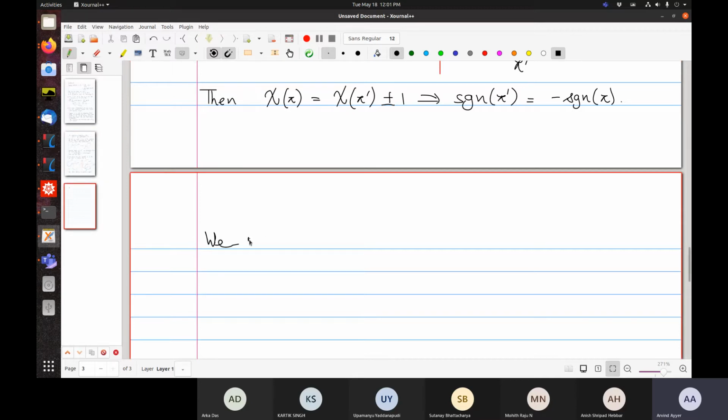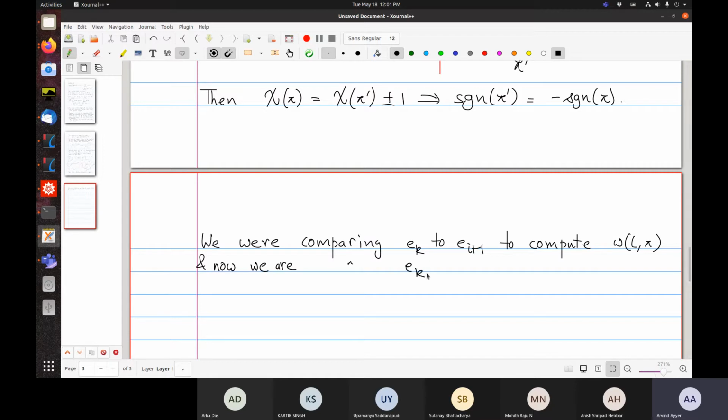We were comparing ek to ei plus 1 to compute W of L pi, and now we are comparing e prime k to e prime i to compute W of L prime pi prime, but e prime k is ek and e prime i is exactly ei plus 1.